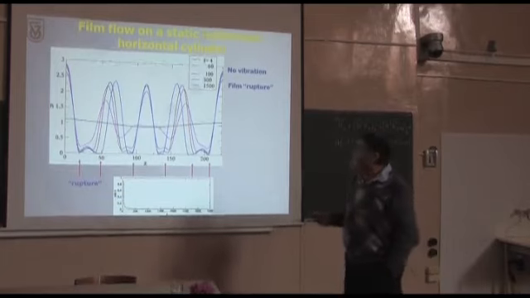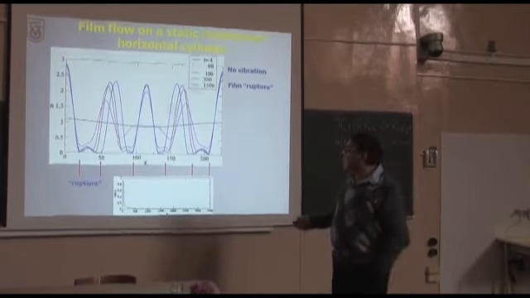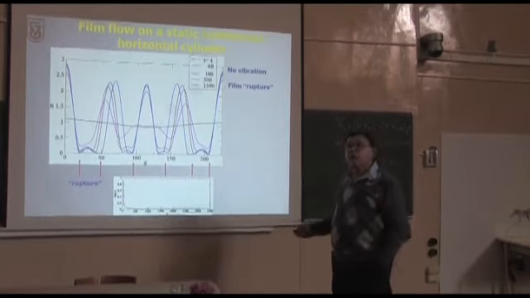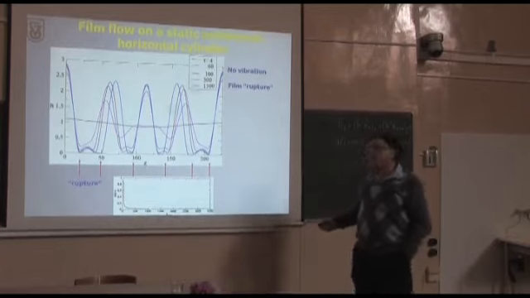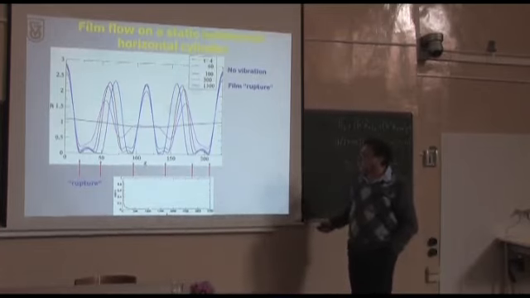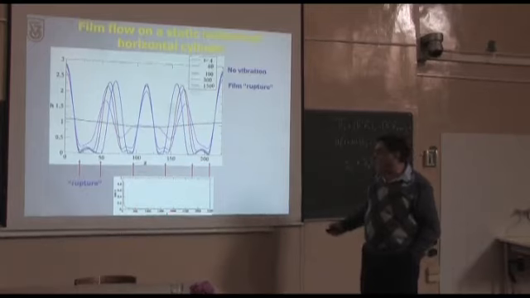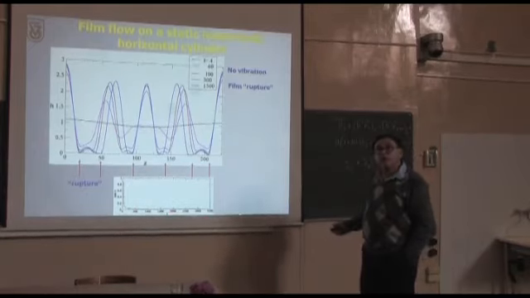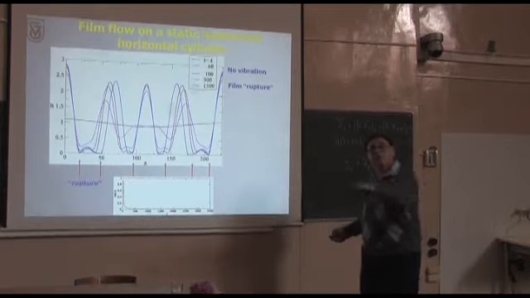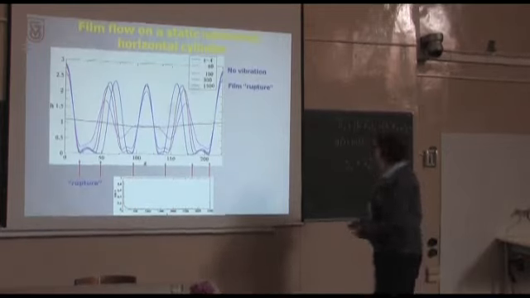So it's not surprising. Now if you look at the time variation of the minimal thickness of the film as a function of time, it goes very quickly down, and then very slowly, but monotonically, it approaches 0.